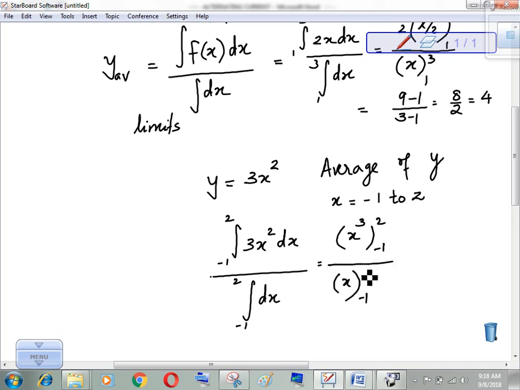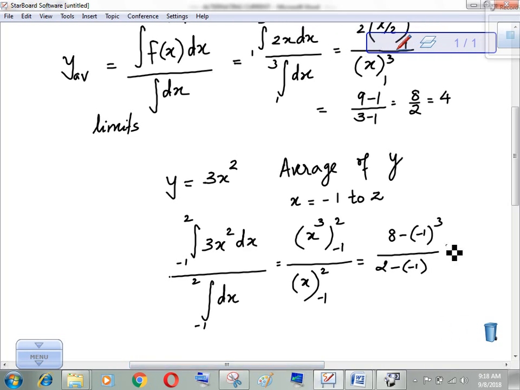So first I'll put 2 cube will be 8, so I get 8, this will be plus 1, and this will be 3. So the average value of y is 3.